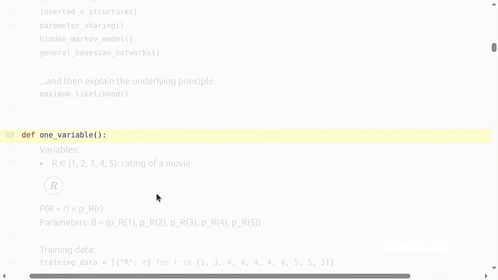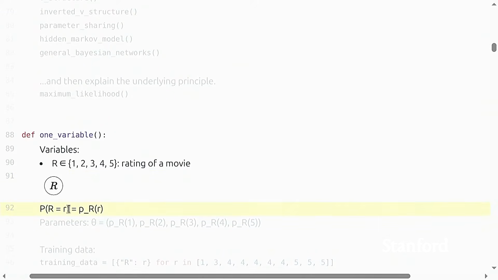And to tell a little bit of a story, suppose you're trying to model movie ratings. So you have a single variable R, which represents the rating of a movie. The rating can be either 1, 2, 3, 4, or 5. And the Bayesian network is just depicted as one node, no edges. So world's simplest Bayesian network.